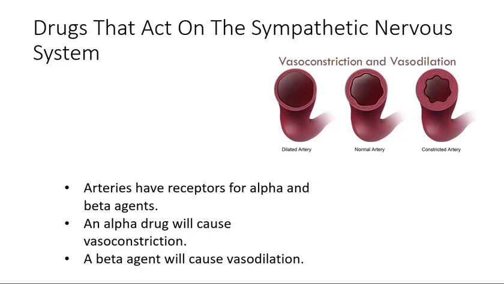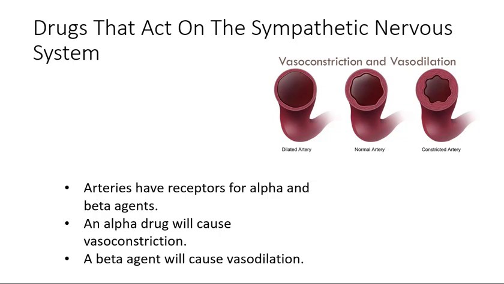The other thing to keep in mind is that, Richard, if I tell you that a medication is an alpha agonist, there are multiple places where we will find alpha and beta receptors, but for our purposes here, we're looking at the heart, lungs, and arteries.